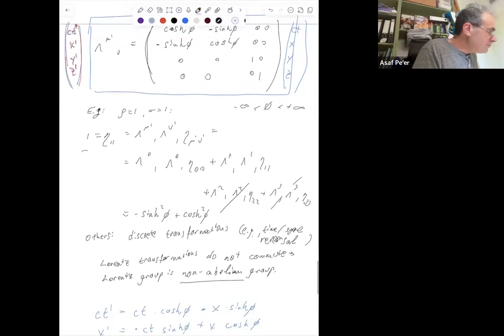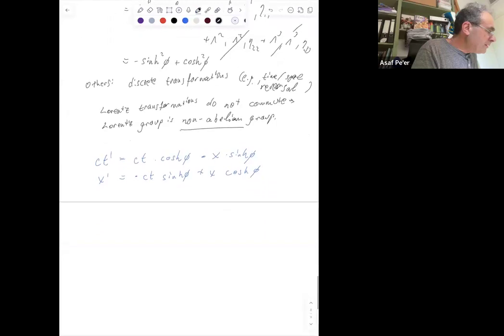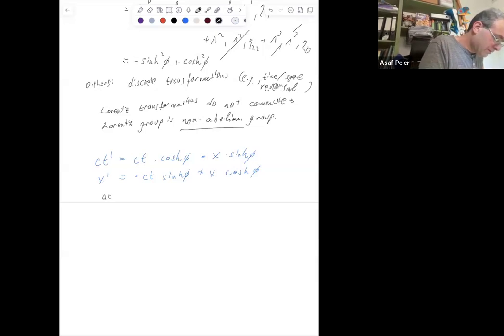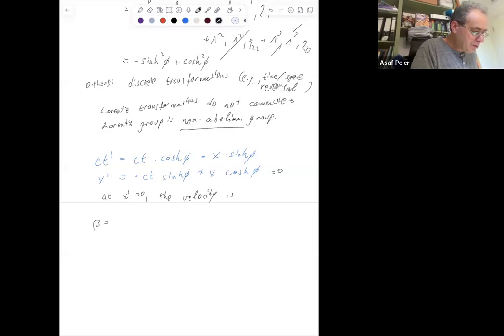Right, now let's assume that X prime is equal to 0. So at X prime equal to 0, the velocity, beta, is v over c.